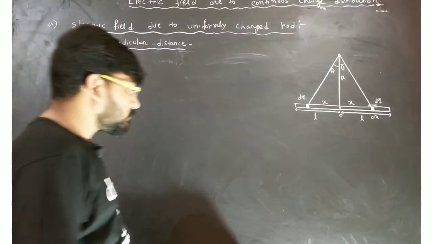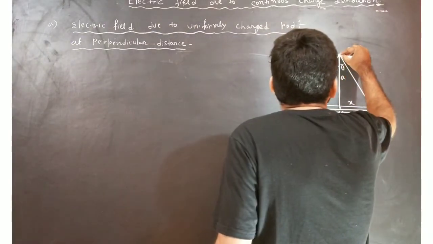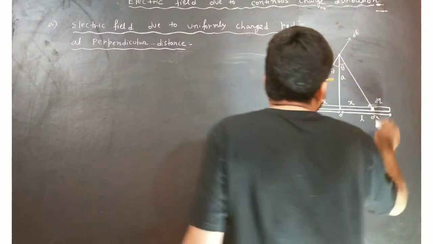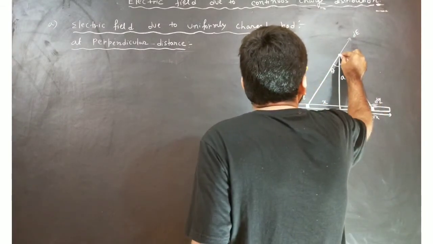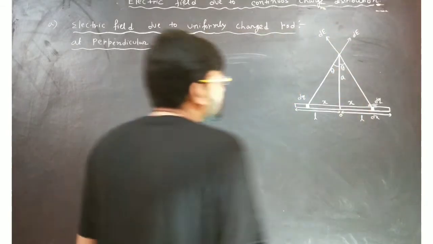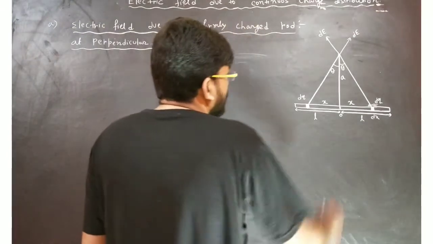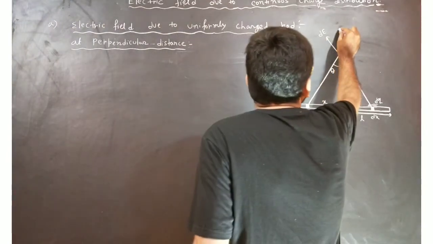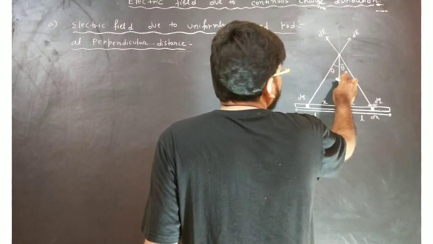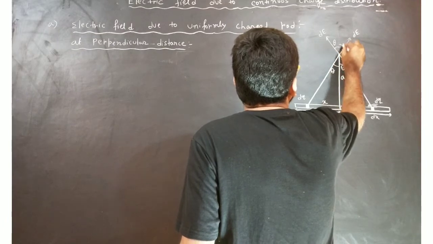Now for this dq, the electric field at this point is dE, which is along this direction, and for this dq again the electric field is along this direction, and this is dE. Now if you resolve this dE, at this angle I have taken theta, so this will also be theta, and this will also be theta.